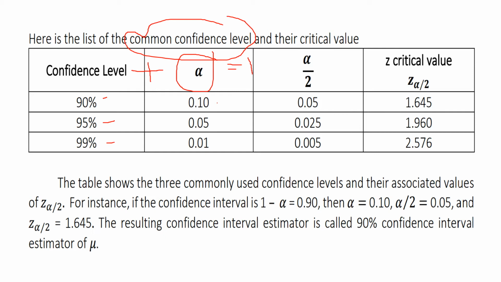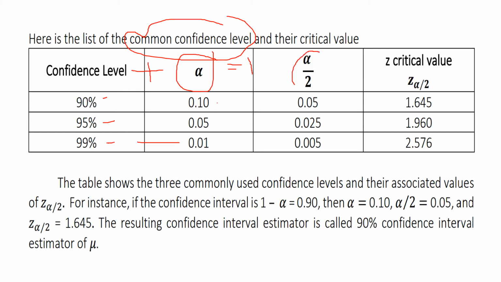For 95%, that is 0.95 plus 0.05, equal to 1 also. For 99%, that is 0.99 plus 0.01, equal to 1.